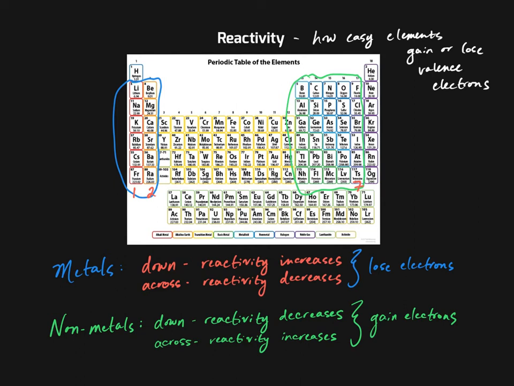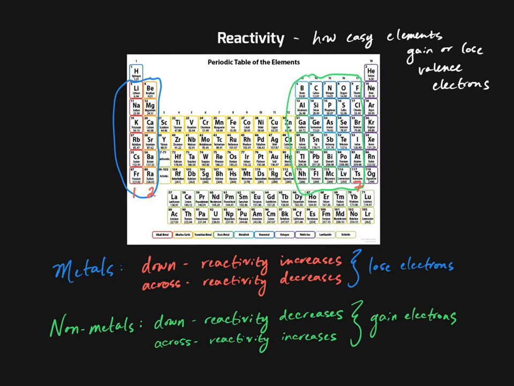Now, again, I want us to understand why reactivity decreases when we go down a group. Going back to our atomic radius trend, when we move down a group, that size gets bigger and bigger and bigger. So it's much more difficult for astatine to gain that 1 last electron than it is for fluorine, because the protons in astatine don't have as strong an attractive force as the fluorine protons do on those outermost electrons, because astatine is so much bigger than fluorine.